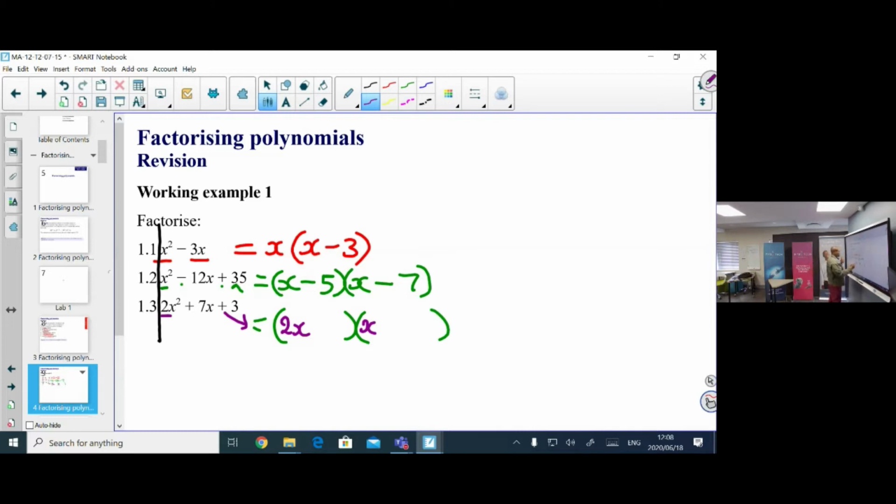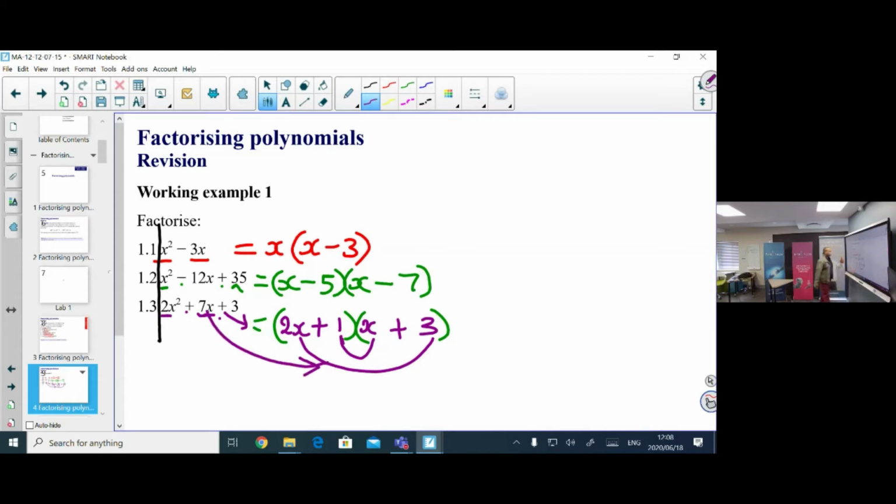So you have to make your choice in terms of the middle term. So 1, 3 plus plus, because we have a plus and a plus. That would be your factorization. The main thing is to check your middle terms and your first and last terms. They must add up to the middle term.